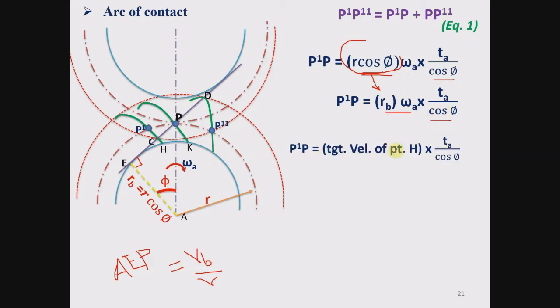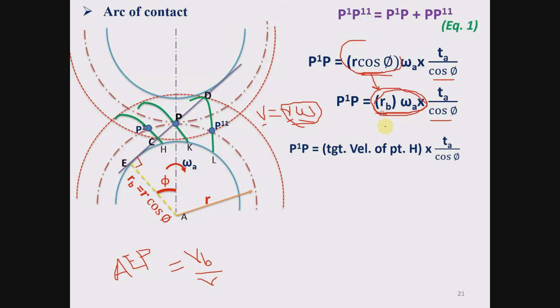Then next, what is RB into omega A? Again, going by the same property of the linear tangential velocity of a particle moving along a circular path, we have V equals R into omega. The linear tangential velocity of a particle moving along a circular path is equal to the radius of rotation into its angular velocity. So we have this term here now, RB into omega A. RB is the radius of the base circle and omega A is the angular velocity of base circle 1.